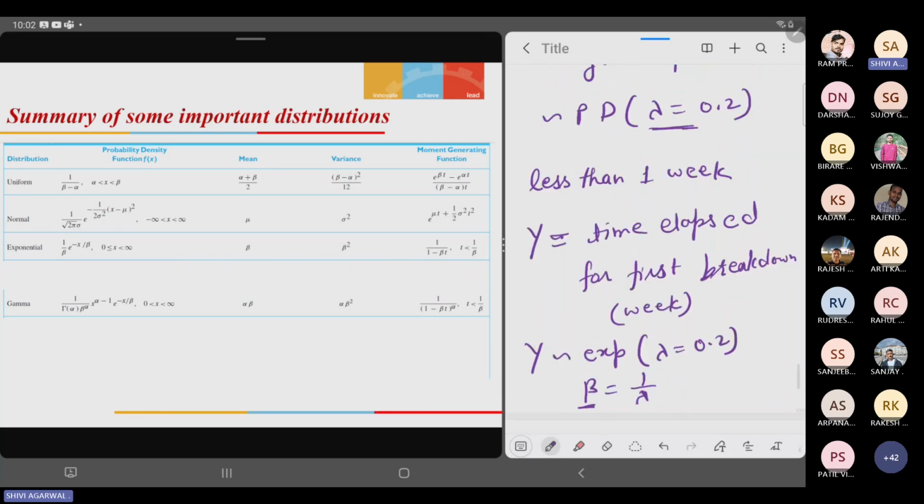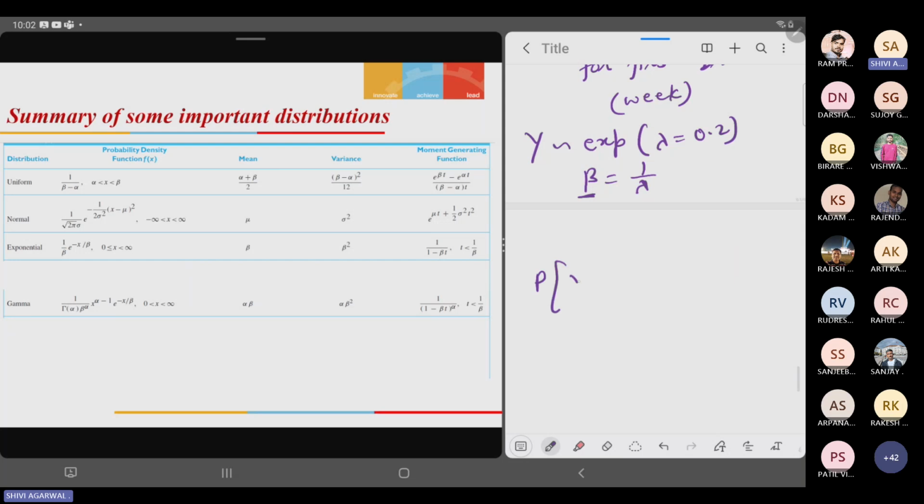And what are they asking? Probability that Y is less than 1 week. So Y follows the exponential distribution with beta equal to 1 by 0.2 here. That is F of y, or F of 1 basically.